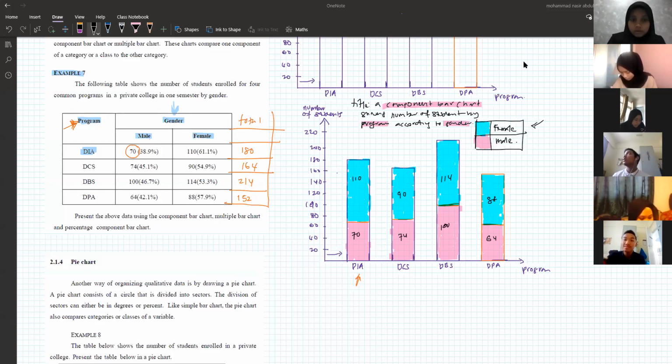Right. So this is what we call a component bar chart.